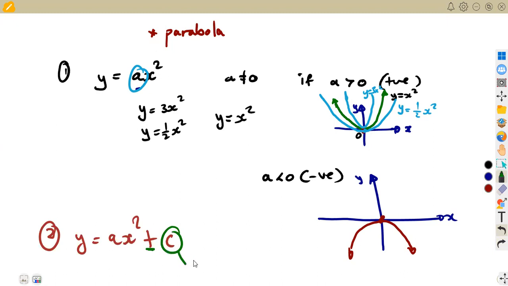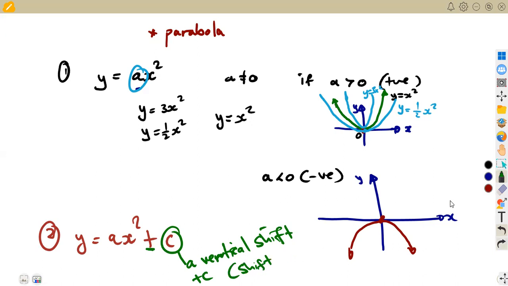So the c simply represents a vertical shift. This is a transformation, a vertical shift. For a plus c, you shift c units upwards.